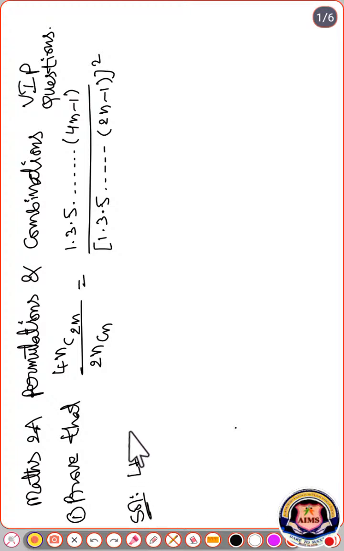What is LHS, my dears? 4nC2n divided by 2nCn.